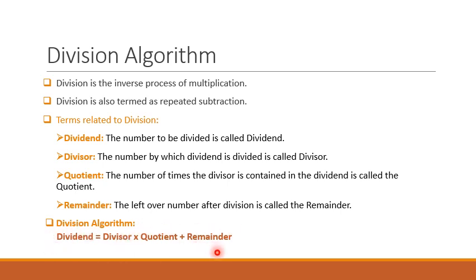Many a times we use this division algorithm to check our division, whether we have performed correct division or not. If I multiply divisor by quotient and add remainder to it, it should be equal to dividend. If it doesn't come equal to the dividend, then our division is wrong.